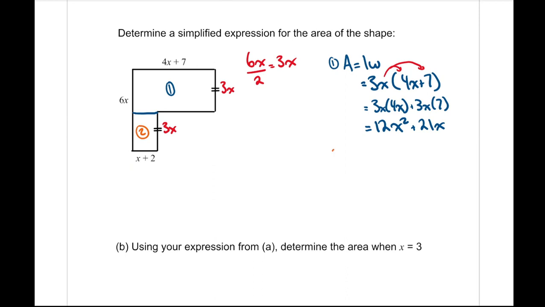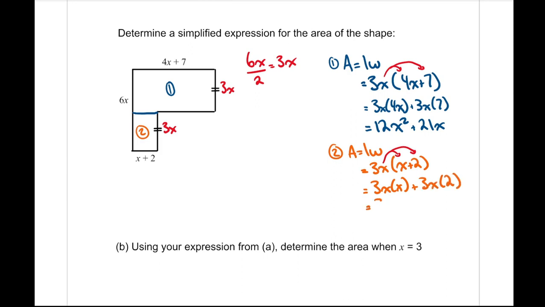The second shape, again, area equals length times width. Doesn't really matter, we can say 3x is the length times (x plus 2). Again, we're putting it in brackets because x plus 2 represents the entire width. We need to take that 3x and multiply it throughout the bracket. So we're left with 3x times x plus 3x times 2.